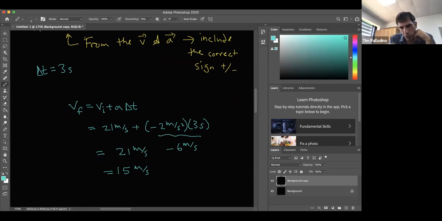Now, here's the trick. If you were like, I'm just going to plug in the numbers I know, and let's say instead you wrote plus 6 meters per second, because you didn't include the negative sign, would this thing have sped up, increased in velocity, or decreased in velocity? Which of those two would happen?